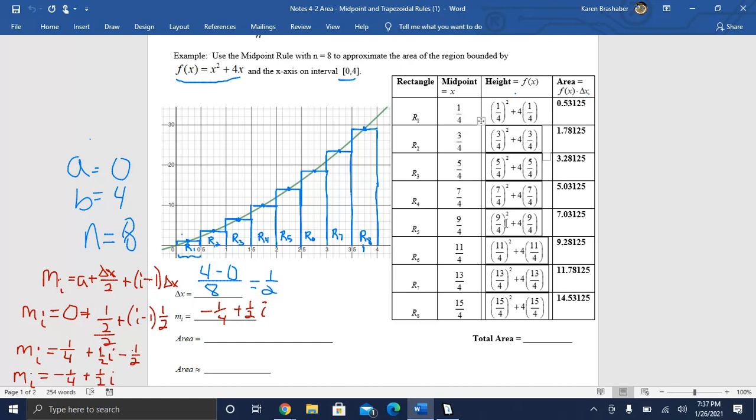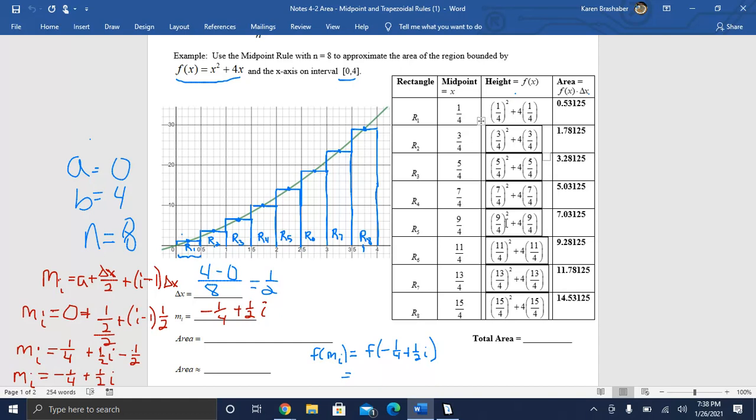And so your area is going to be a summation, and I'm going to go ahead and write out what that would be. So F of Mi would equal, now we're going to be using our formula, so that would be F of negative 1/4 plus 1/2 I, and that means that we will be substituting into X squared.